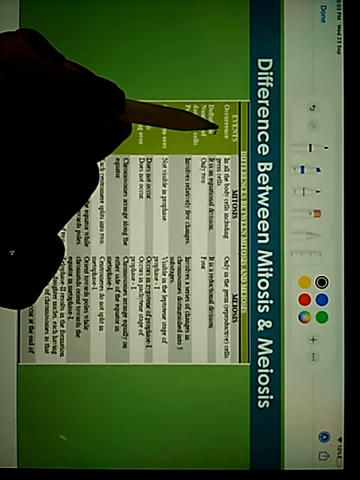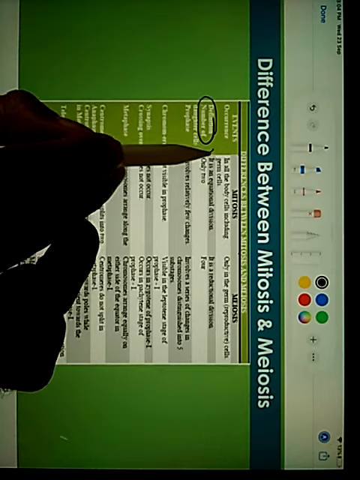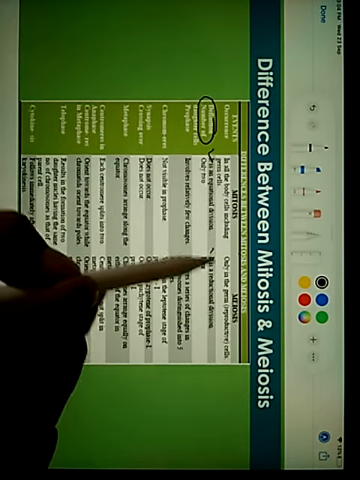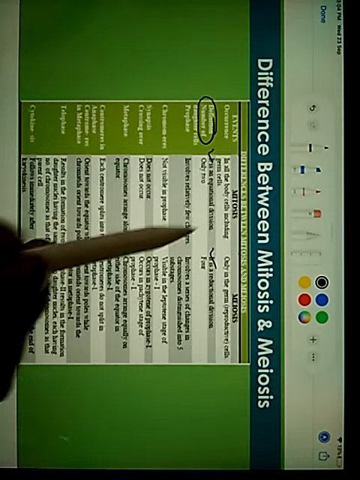Second, definition. It is equational division and reductional division. Equational means similar, the same number, and reductional means creating haploid from diploid, so reduction is happening.